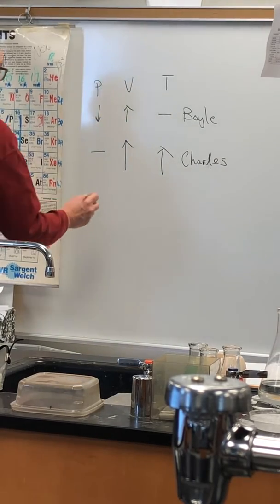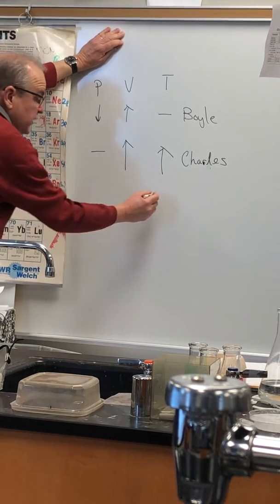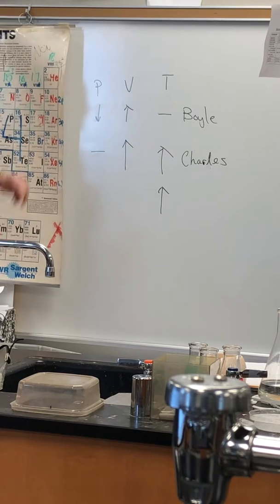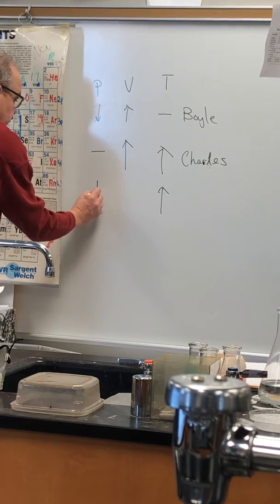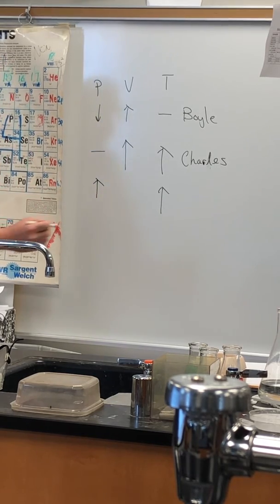Okay, so in this case, our independent variable was temperature. We were increasing the temperature. When we increased the temperature, the pressure we saw increased. We didn't change the volume of the container, so we just put it as constant. And now we have a third gas law.